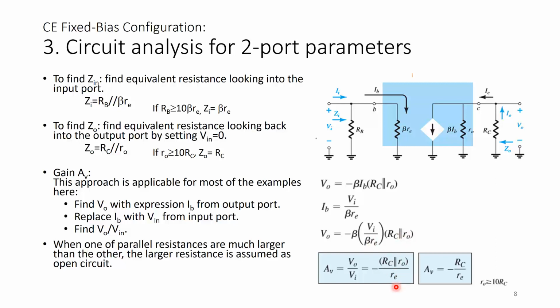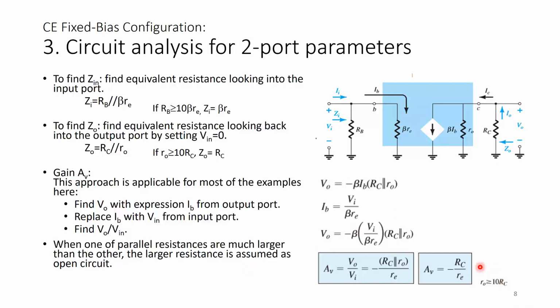Okay, now if RC is parallel with R out, we've covered this as a revision in one of the earlier slides as well. When one of the parallel resistances is much larger than the other, the larger resistance is assumed as open circuit. And what do we mean by much larger? We say just 10 times, right?